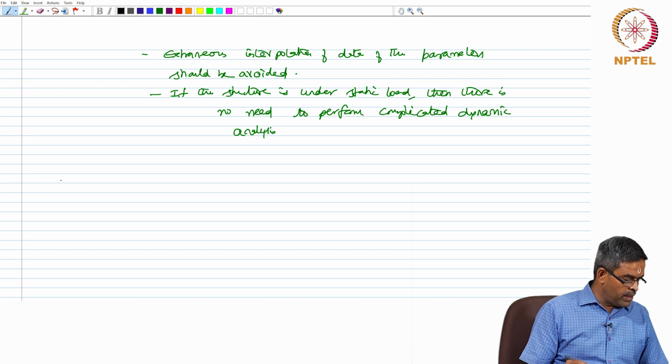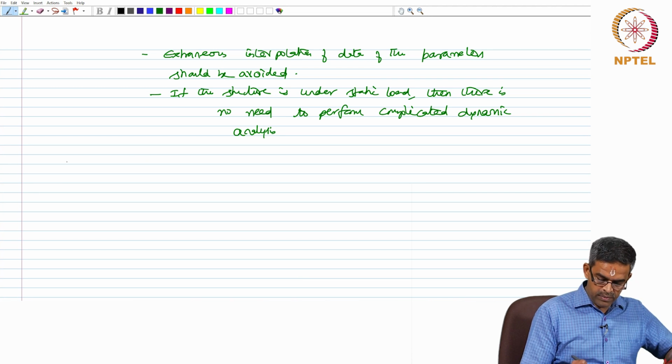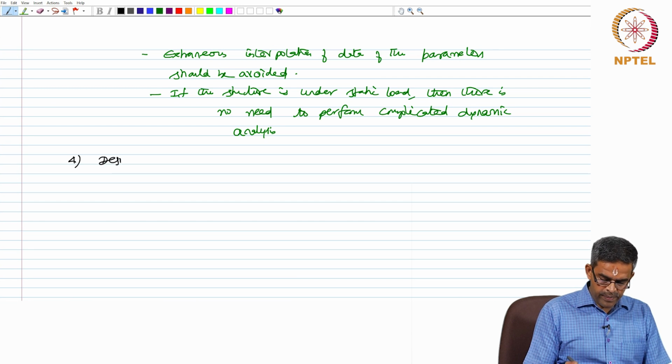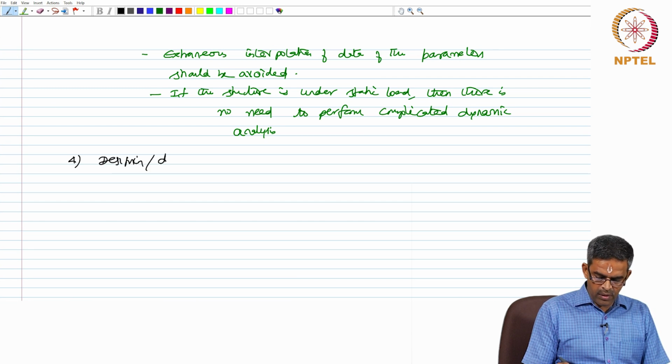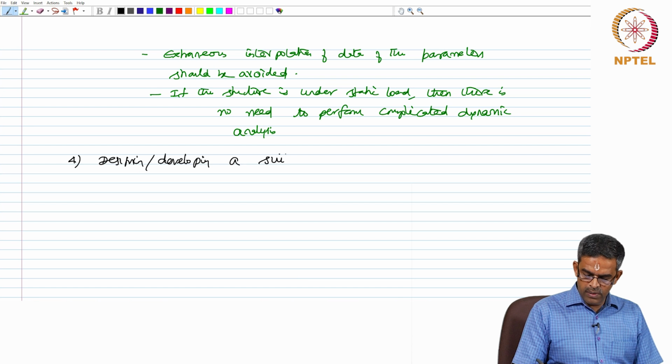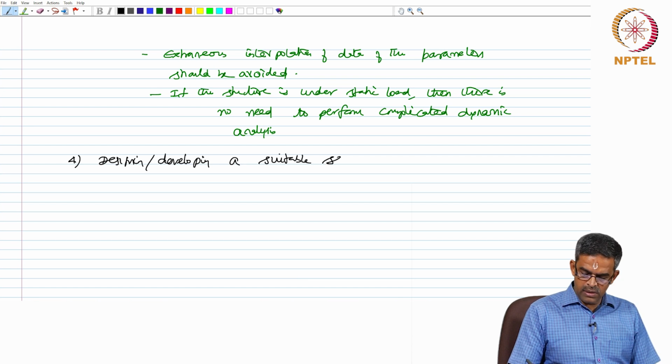The fourth could be designing or developing a suitable sensor system layout.